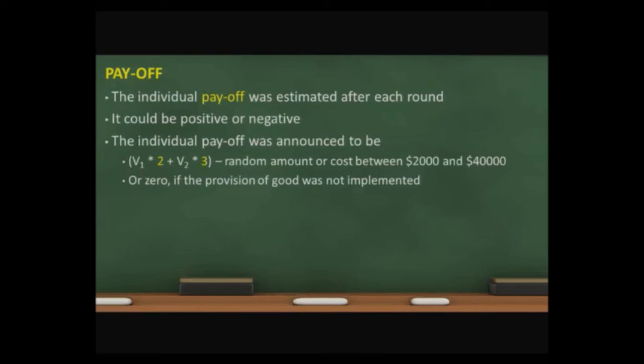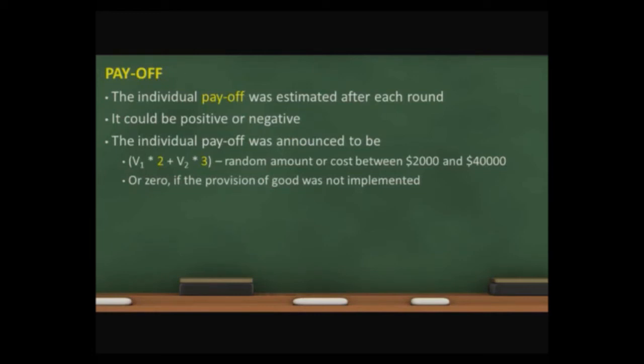My value is always assessed at 2 units of good 1 and 3 units of good 2. So if the provision is implemented, 2 units of good 1 and 3 units of good 2 will be provided, at a given cost that is determined randomly, between 2,000 pesos and 40,000 pesos. I'll go to that in a minute.